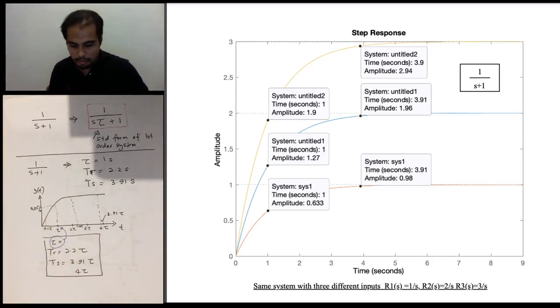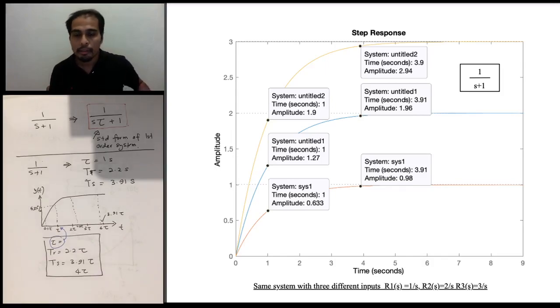Next time when we have a different transfer function, we can simply calculate these regardless of the input. It's very important that we don't have to convert into the time domain as we did before.